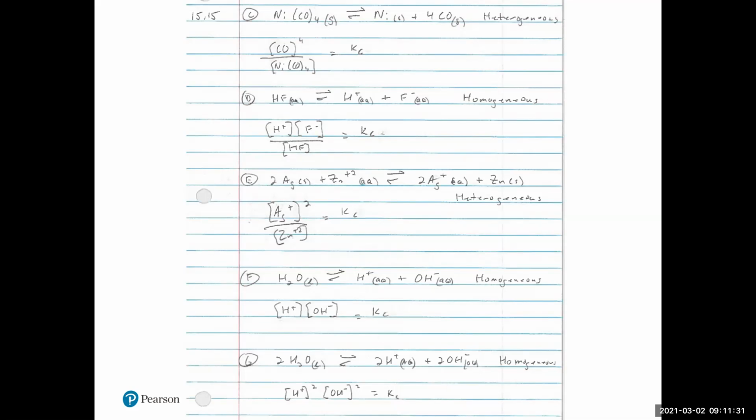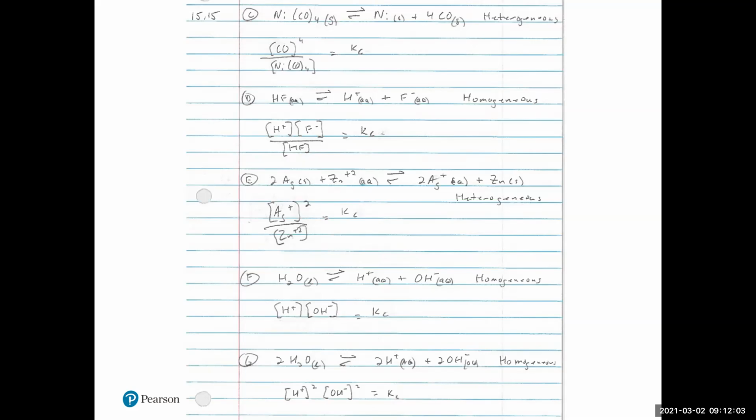So E, we have silver Ag plus zinc plus 2 going to 2Ag plus zinc. A couple things that we have here. If we look at this equilibrium expression, we notice that it's Ag plus squared divided by zinc plus 2 equals the equilibrium constant.